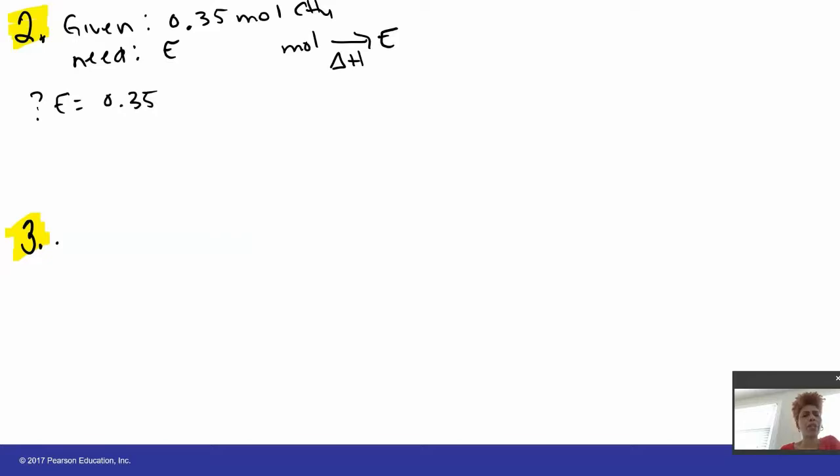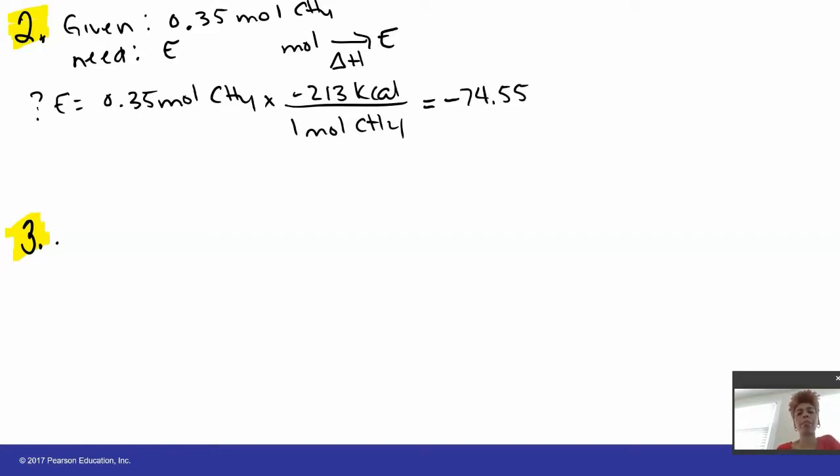So always starting with what you're given, I have 0.35 moles of methane, and I'm going to use the conversion of our delta H. Remember, it was minus 213 kilocalories per mole of methane. So I end up with minus 74.55 kilocalories.